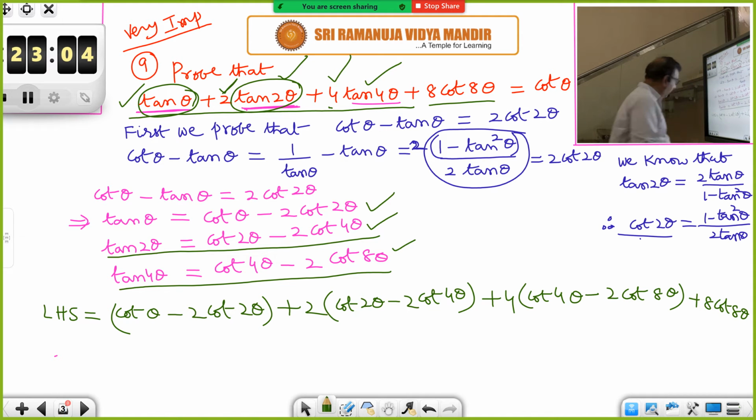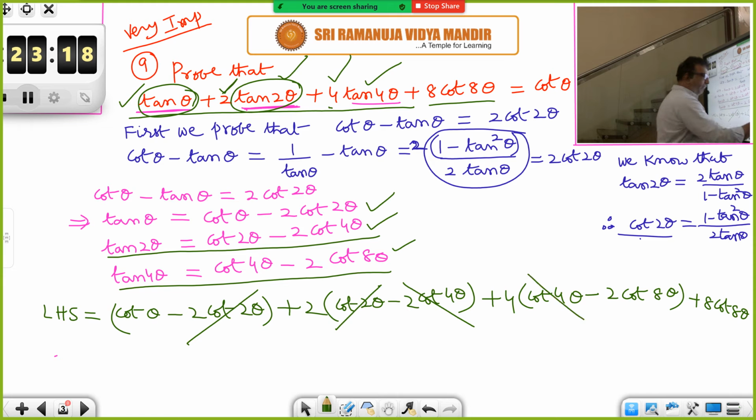That's all. Now you see, if you expand this, minus 2 cot 2 theta and plus 2 cot 2 theta get cancelled out. Next, 2 into minus 2 cot 4 theta is minus 4 cot 4 theta, plus 4 cot 4 theta, they will cancel out.